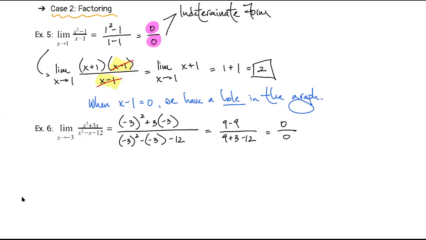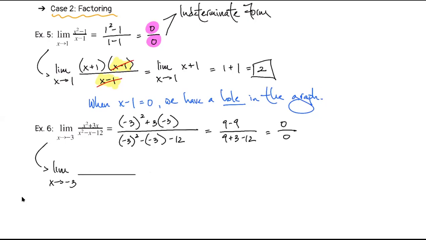Because I have the indeterminate form, we're going to try going back, and in this case, we're going to try factoring. So the limit as x approaches -3. All right, hopefully our brains are a little bit warmed up right now. What is the numerator of this when we factor it?